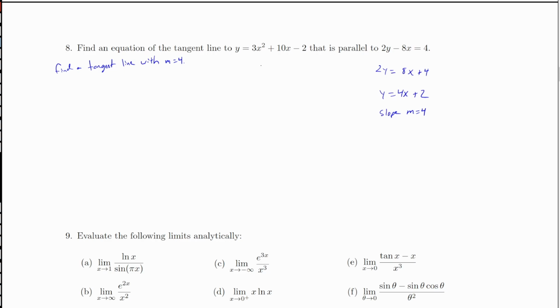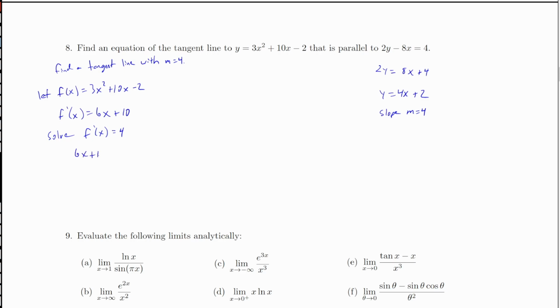Okay, I know that if I differentiate the function, so I'll call this f of x. Okay, if I differentiate the function, the derivative outputs slopes. So f prime of x is 6x plus 10. So then we want to solve f prime of x equals 4.